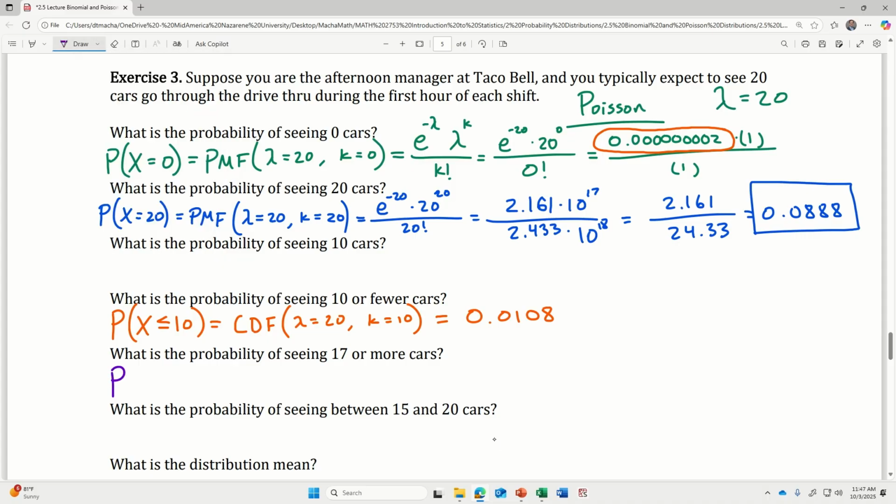Next, I need the probability of seeing 17 or more cars. So I need the probability that x is greater than or equal to 17. How do I do this?